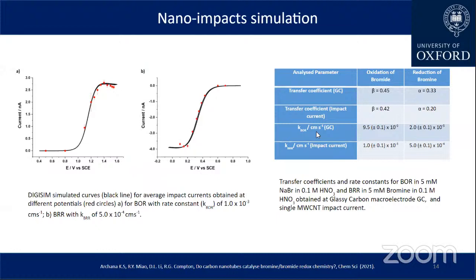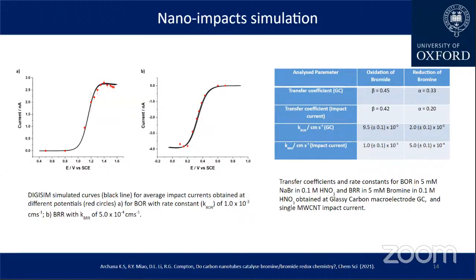So this rate constant is nothing but the kinetic parameter, which shows how fast the electron transfer is happening for that particular reaction. So here, for the bare glassy carbon, we get the rate constant on the order of 10 power minus 5. Whereas for the nano impact experiment, where we get the rate constant for the contribution of one particular nanotube, we have, of course, improved performance, but it is not as huge as expected from the drop-cast experiment.